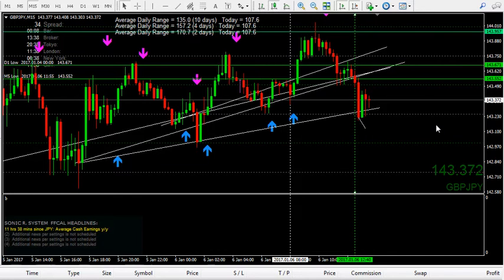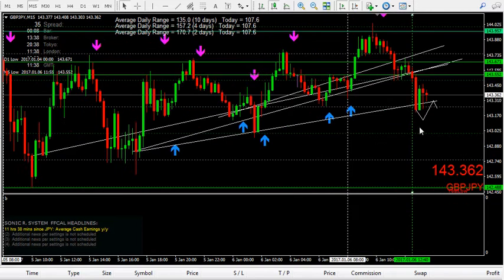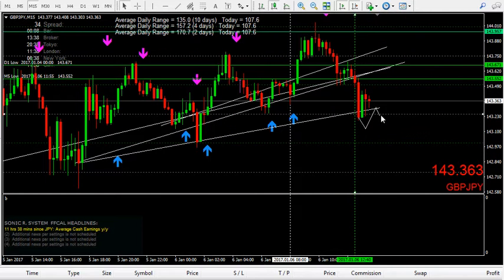The 143 level, I want it to poke through a little bit more than it already has, use that ascending trend line as resistance, and then I'd be looking to enter somewhere around here, expecting it to test that 143 level and then have another bounce.